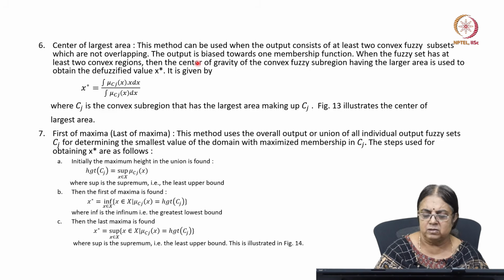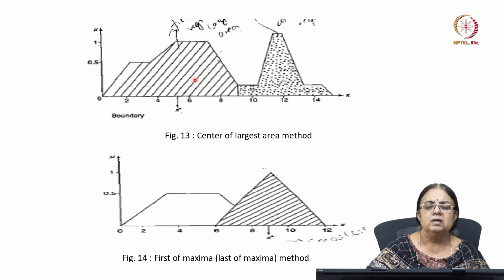Here, if you have a membership function in this way, you could say this consists of two subsets, this is one subset and this is the other subset, and you find that this is the one with the larger area. So you take this subset and find the center of that, the center of gravity. This is known as the center of largest area method.